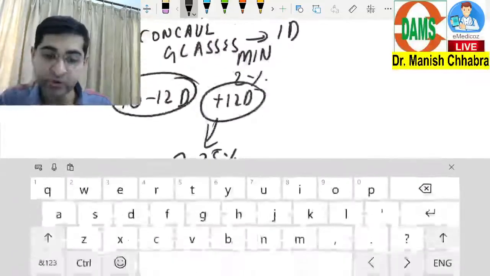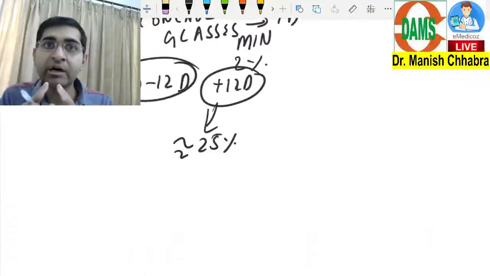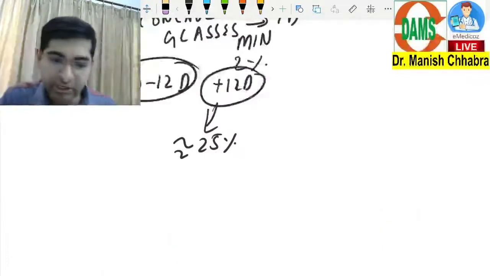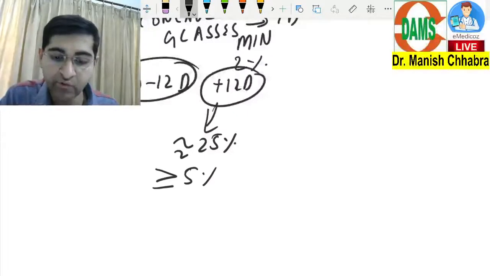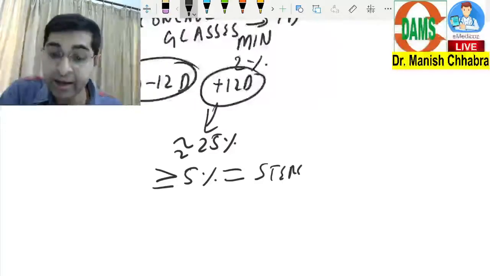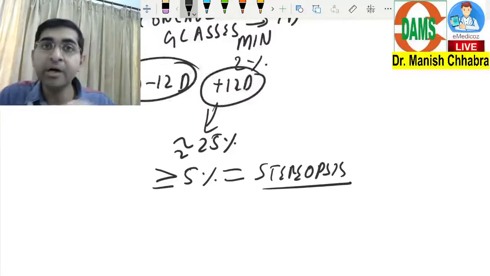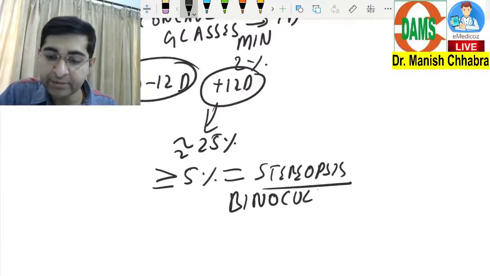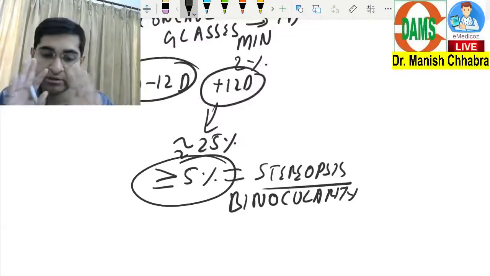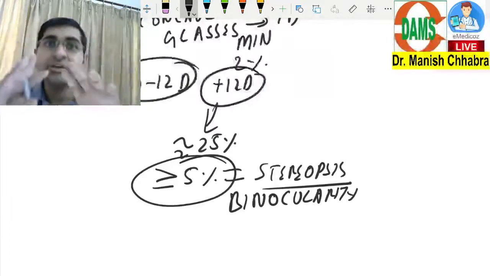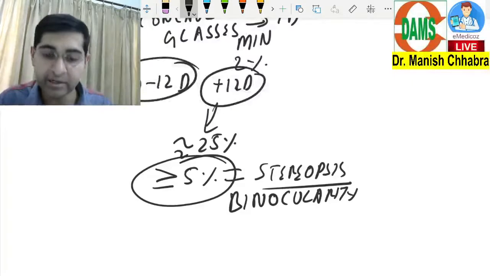And guys, let me tell you that if the difference in the size perceived by the two eyes is more than or equal to 5%, there will not be stereopsis or binocularity. It will become difficult for the eye to have binocularity if the size of the object perceived by the two eyes differs by more than or equal to 5%.